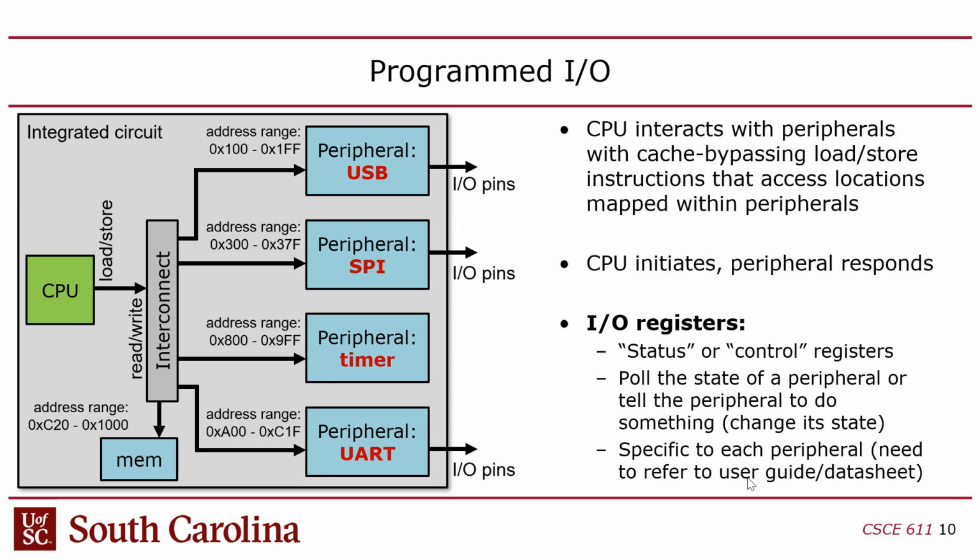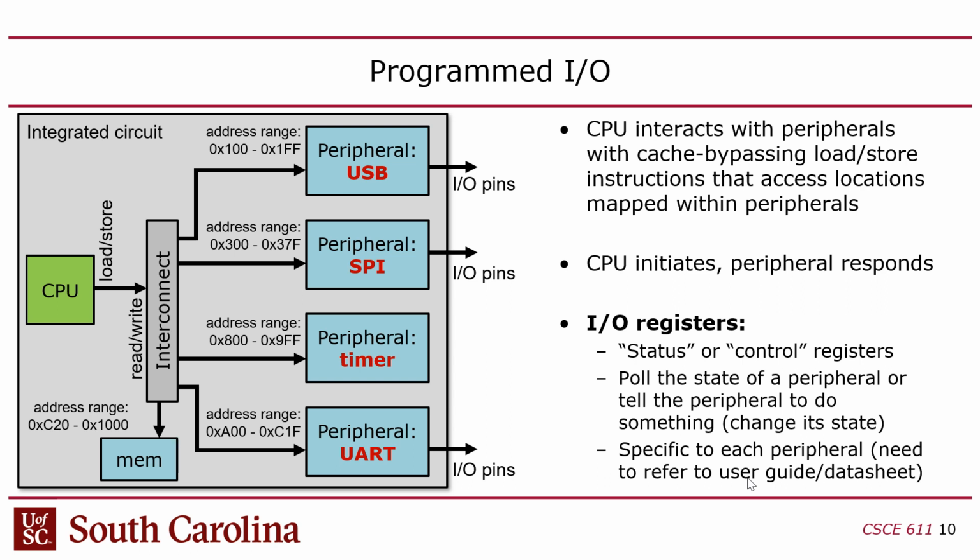As I mentioned, you just do a load or store. If you're loading, meaning I'm requesting data from a peripheral, that's usually referred to as a control word, control register. Scratch that, status register. If you read it, it's a status register. If you write it, it's a control register.